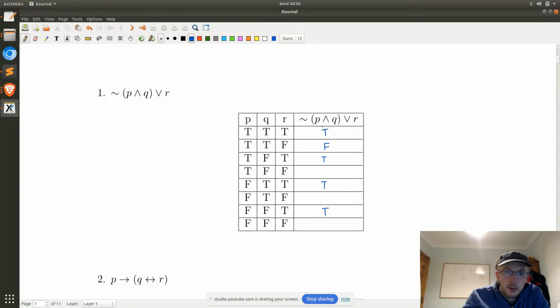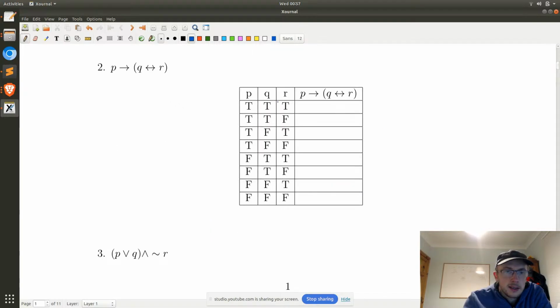It's not going to be that easy. True and false. Well, that's false. Not false is true, and true or false is true. False and true is false, not false is true, and true or false is true. False and false is false, not false is true, and true or false is true. And now I understand.